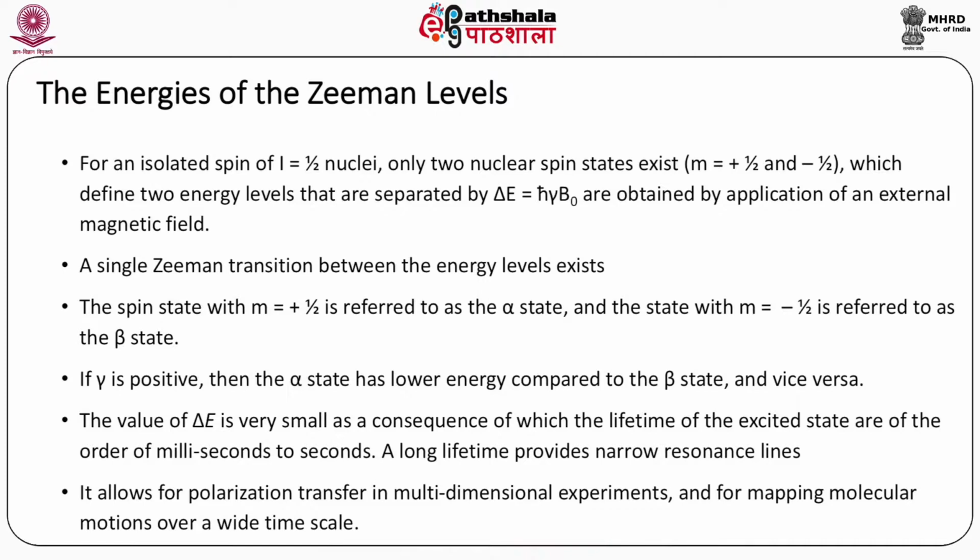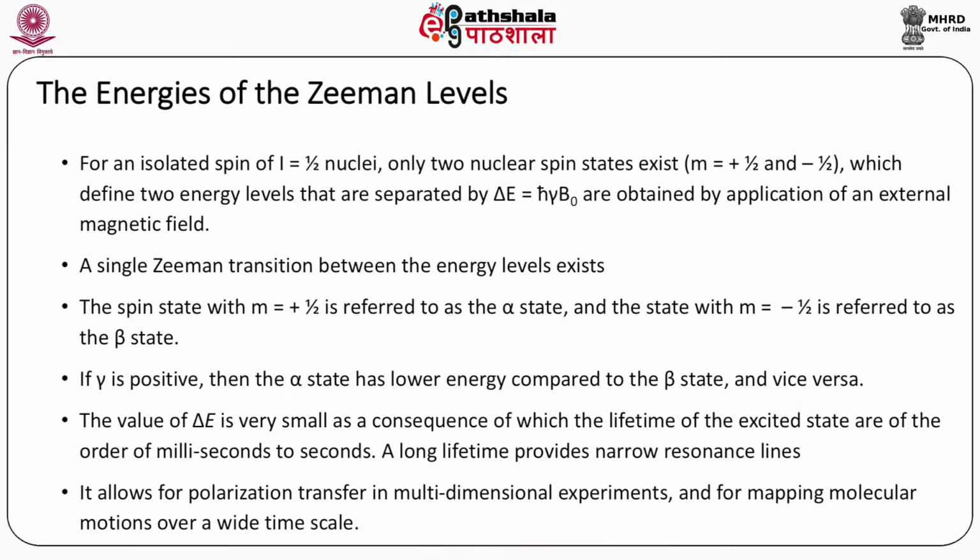A single Zeeman transition between the energy levels exists. The spin state with m equal to plus half is referred to as the alpha state, and the state with m is equal to minus half is referred to as the beta state. If gamma is positive, then the alpha state has lower energy compared to the beta state and vice versa.